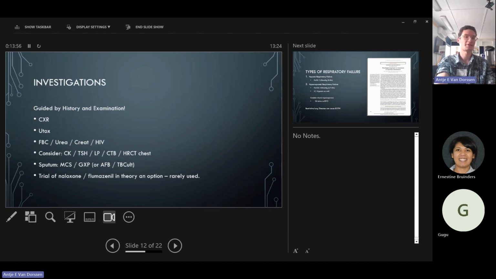This is coming from American data, where opioid overdose is so prevalent that they often say a trial of naloxone, or flumazenil for benzos, could almost be a diagnostic procedure to see if this patient improves or not, considering that they just may not have a good drive to breathe. I think as deemed necessary, you can do an FBC, a urea and creatinine, and an HRV.